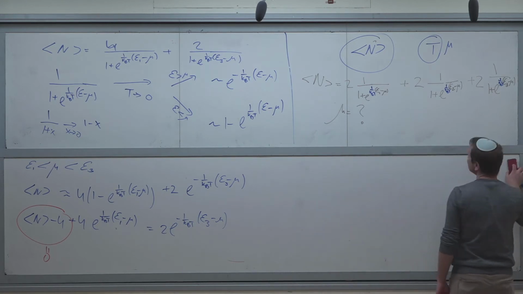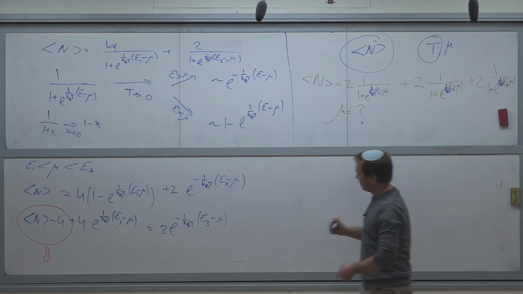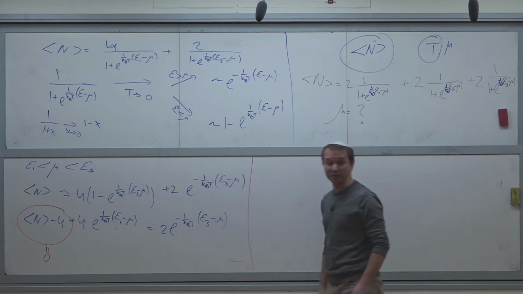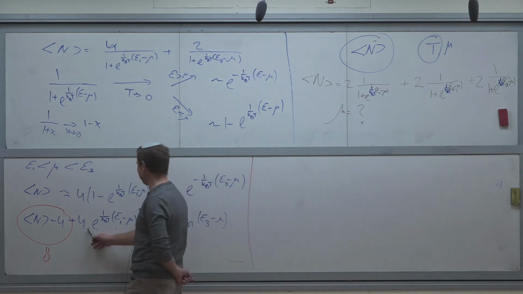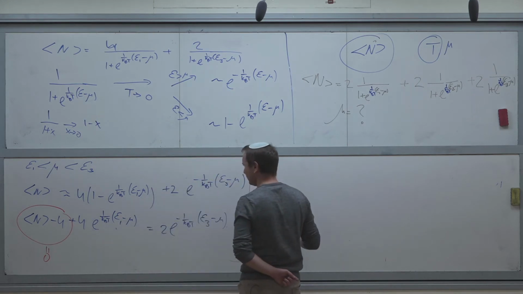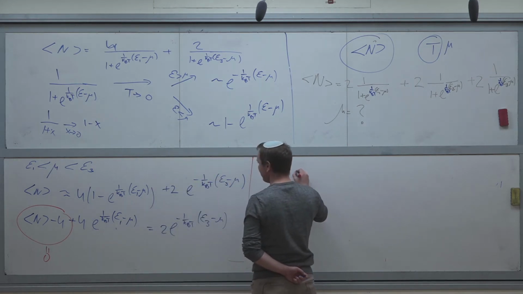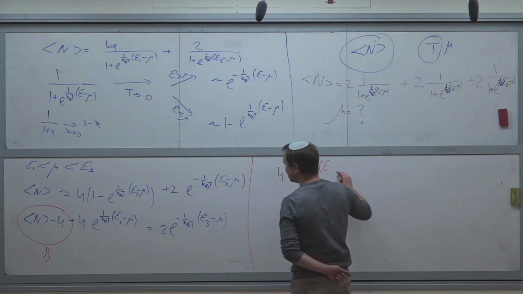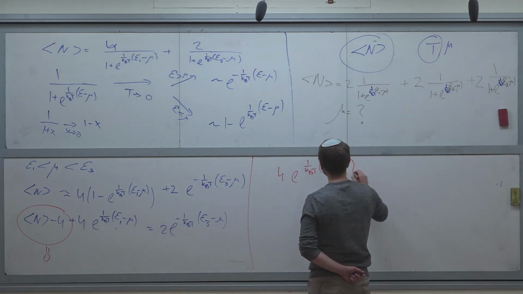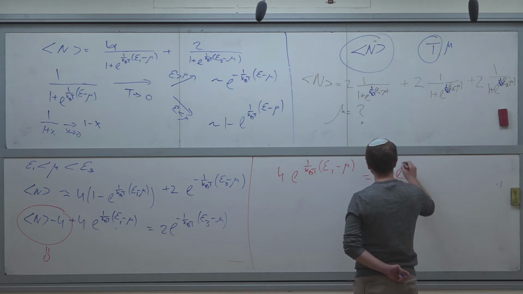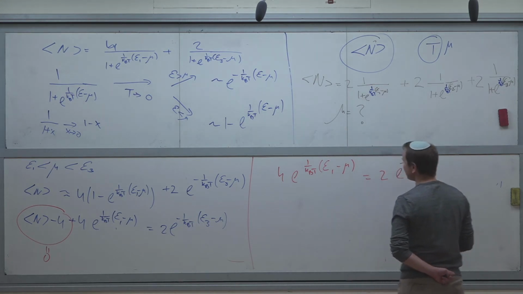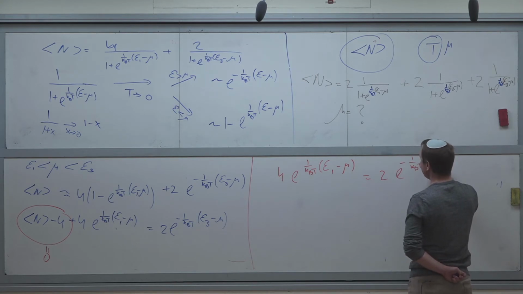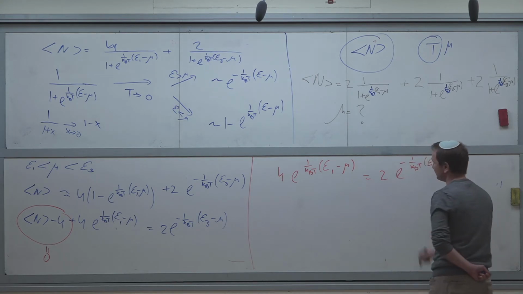This is an example of a limit of a physical thought, or the limit of mathematics. So when we have this, we have 4 e to the power 1 over k Boltzmann T (epsilon 1 minus mu) equals 2 to the power minus 1 over k Boltzmann T (epsilon 3 minus mu).